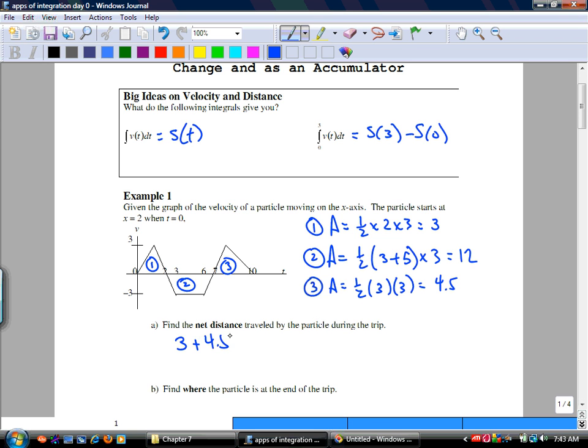That's 4.5 minus 12 equals, 7.5 minus 12 is 4.5 negative. So you could say 4.5 units to the left. If I ask you where you are, you would say 4.5 units to the left of where you started.